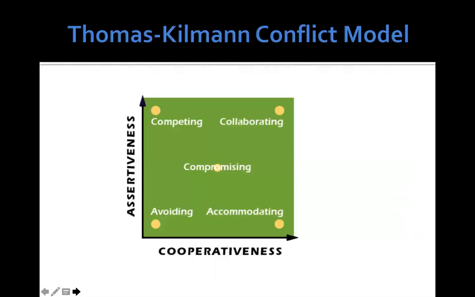And it's important to recognize the strengths and weaknesses of each, and then you'll be able to know when to use them. I personally am an avoider, so I avoid conflict whenever possible. I will run, I will make excuses, I will not show up, I will do anything I can, which is ironic while teaching, because you come across conflict all the time, but it's not my natural tendency.